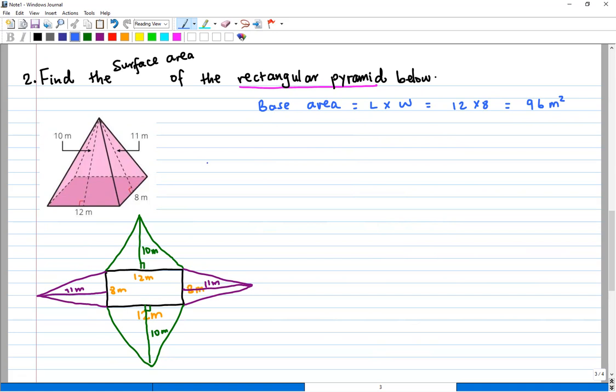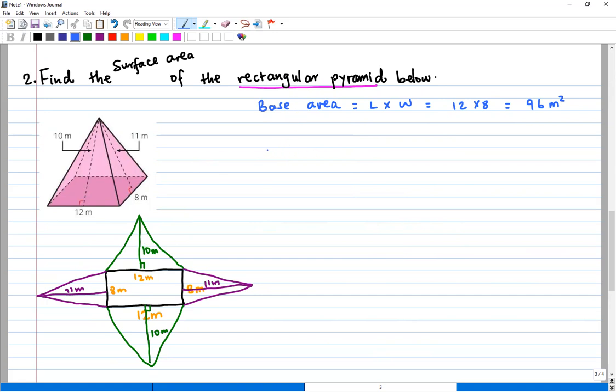Now, for a rectangular pyramid, it is slightly different from the square pyramid because these triangles are not of the same height and they don't have the same base. So let's consider these green triangles.